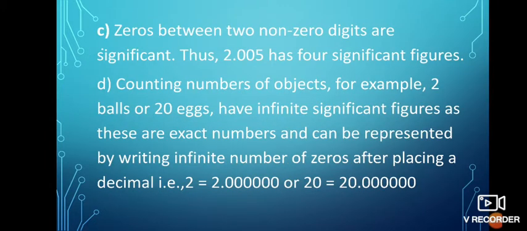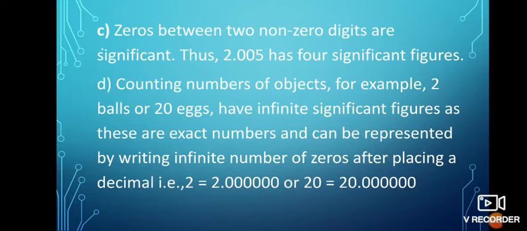Third rule is zeros between two non-zero digits are significant. Example, 2.005. In 2.005, there are four significant figures because these two zeros lie between two non-zero digits.